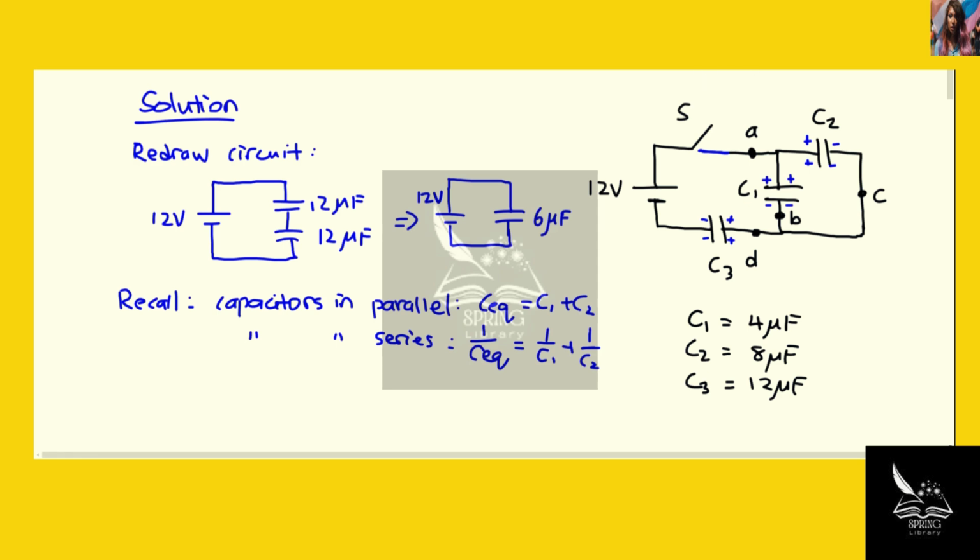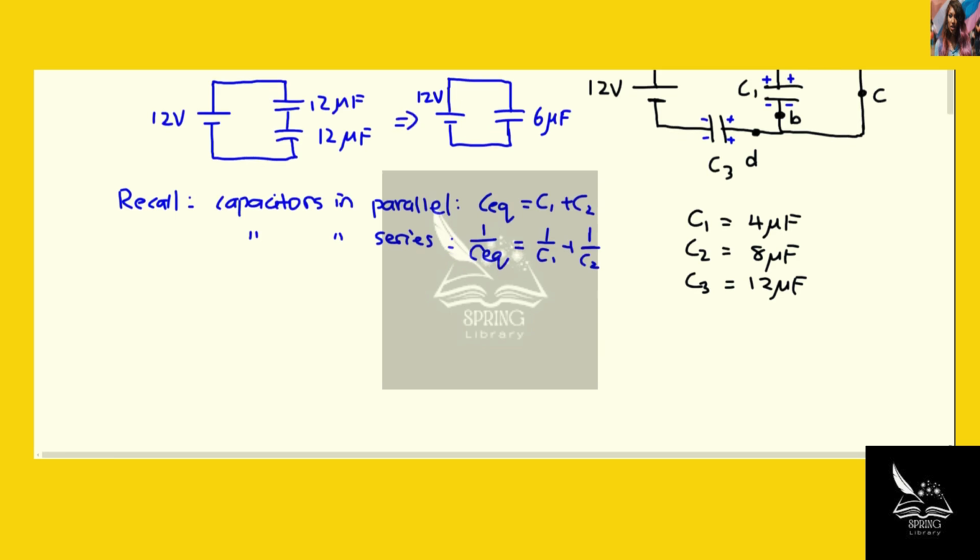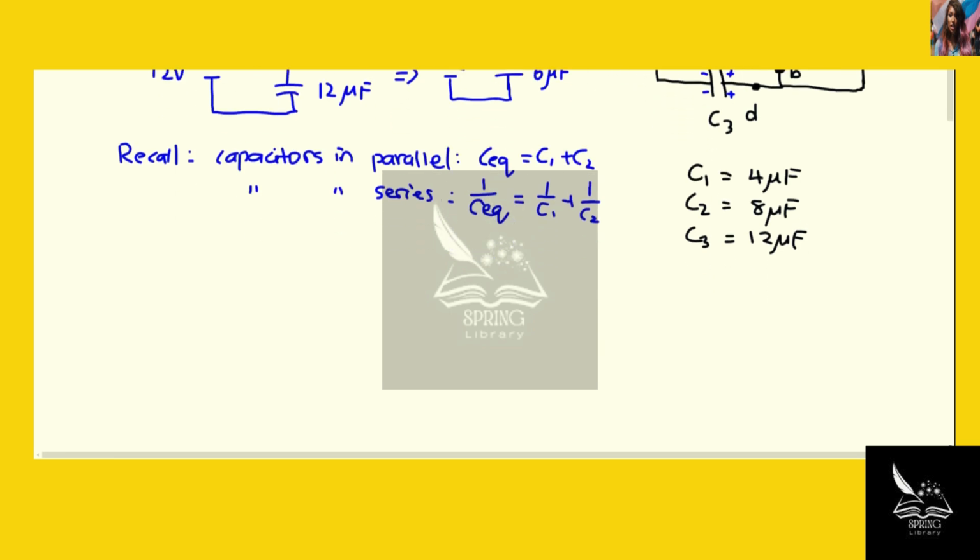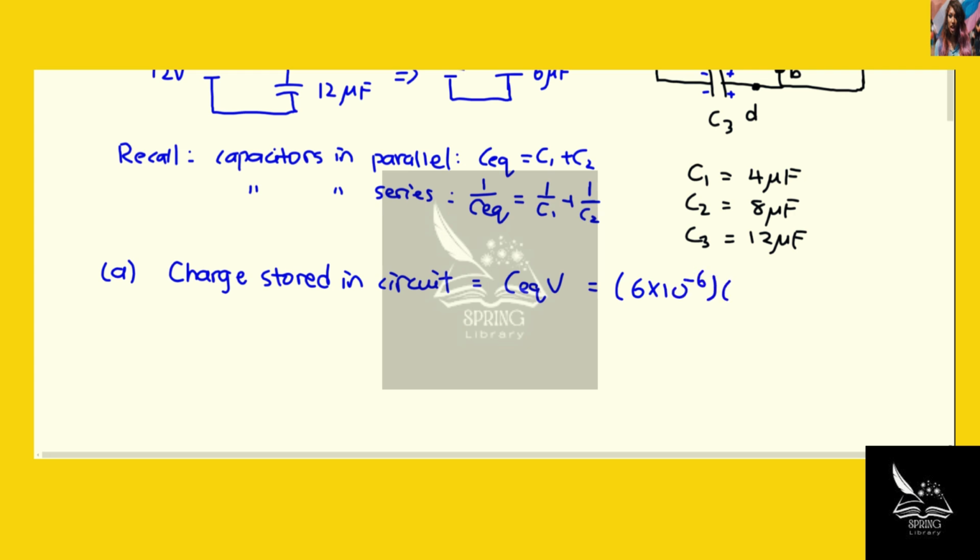From this diagram, you can calculate the charge stored in the circuit. This is equal to C equivalent times the voltage of the battery. So we have 6 microfarad times 12, so we get 72 microcoulomb.